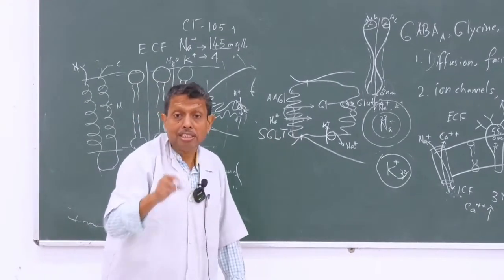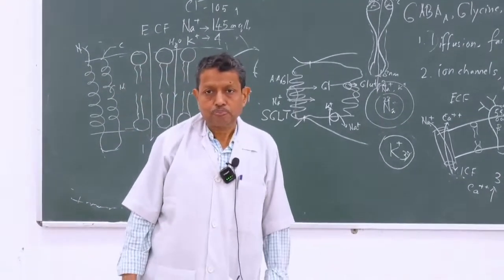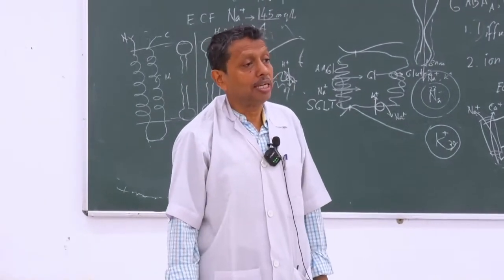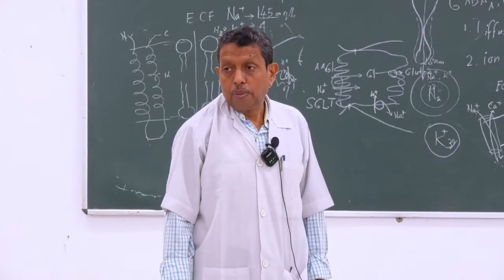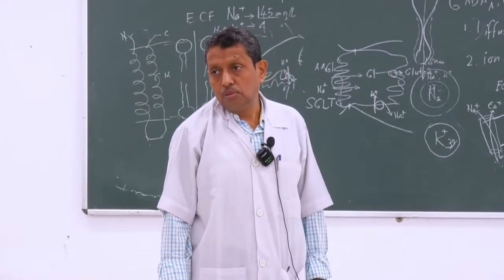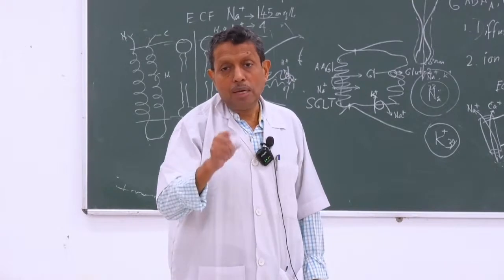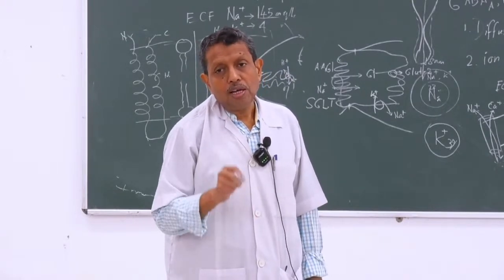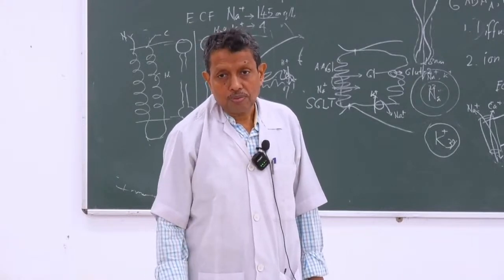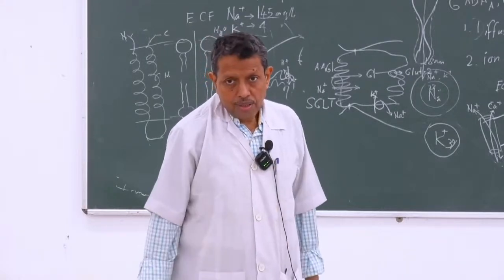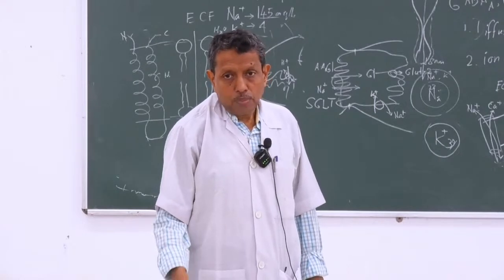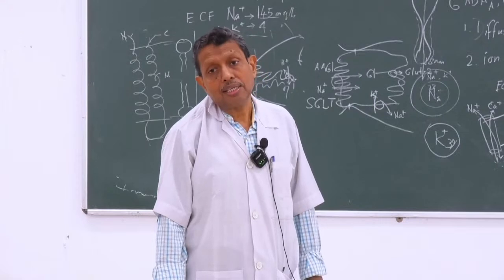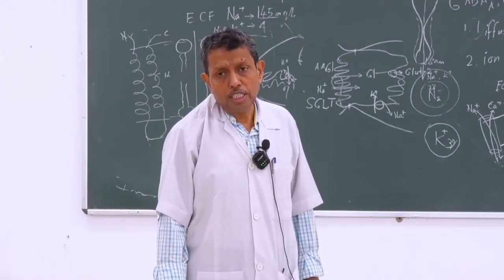On the other hand, there may be exchange. Secretion of hydrogen ion is possible by this exchange mechanism. There are different types of GLUTs, which have 12 membrane spanning domains, and they are good examples of facilitated diffusion. Most cells, like adipose tissue, skeletal muscle, heart muscle, and other cells, are insulin dependent.